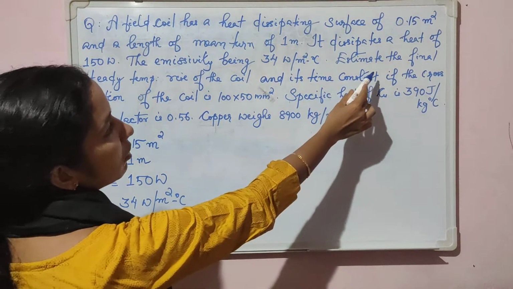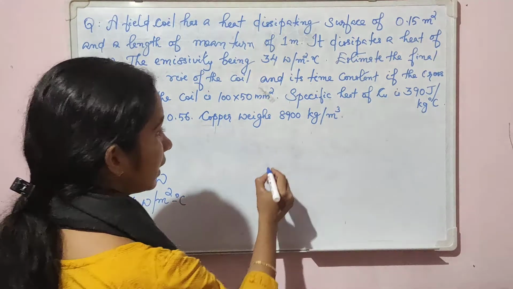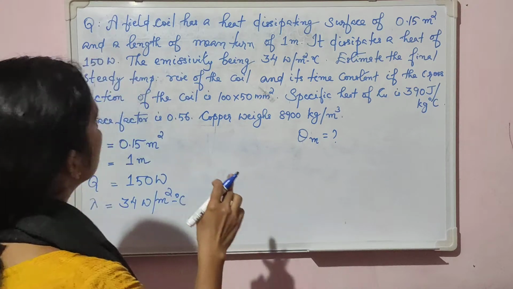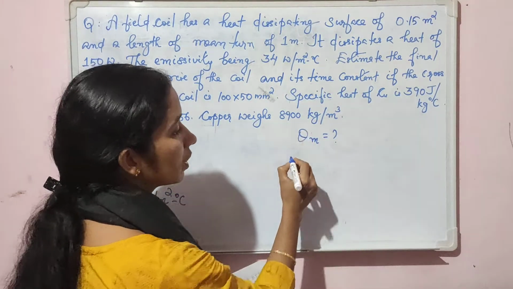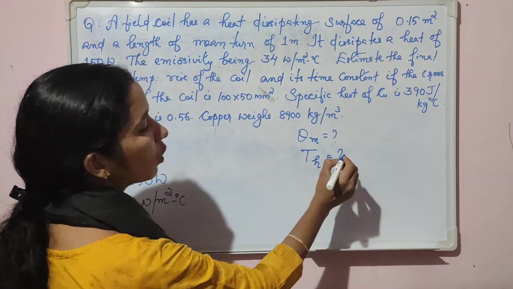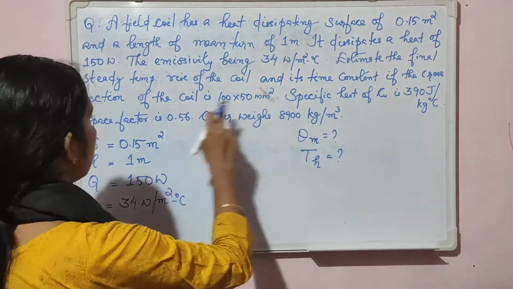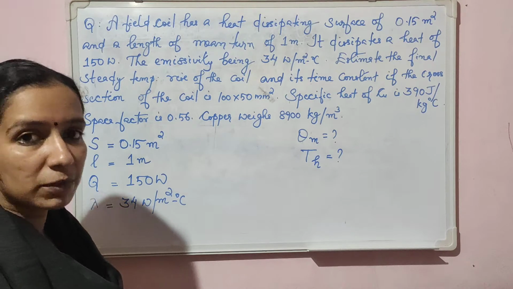So we have to calculate the final steady temperature rise. That is theta m we have to calculate. And its time constant. So this machine is being heated. So time constant means heating time constant TH. If the cross section of the coil is 100 by 50 mm square.